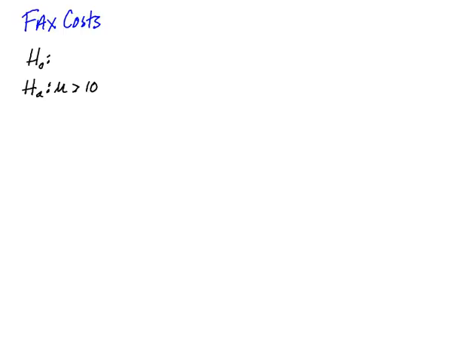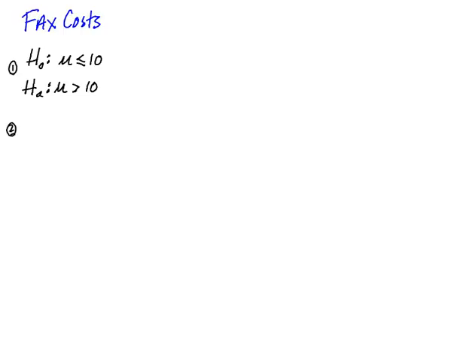We'll assume that everything is running well and that the overall average is no more than 10. So the null and alternative hypotheses would be that mu is less than or equal to 10 for the null and that mu is greater than 10 for the alternative, and that would be our step 1.